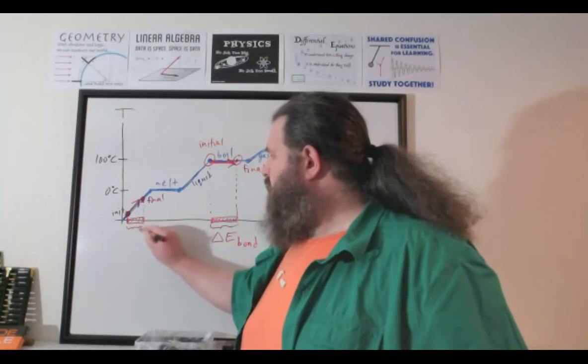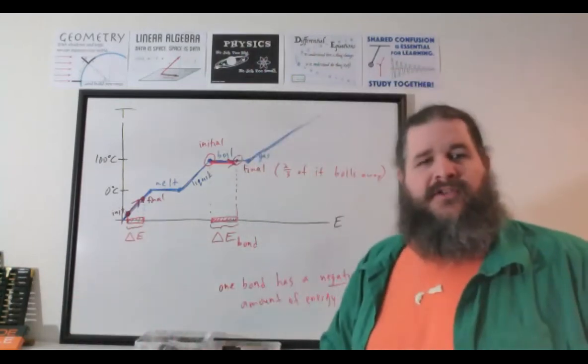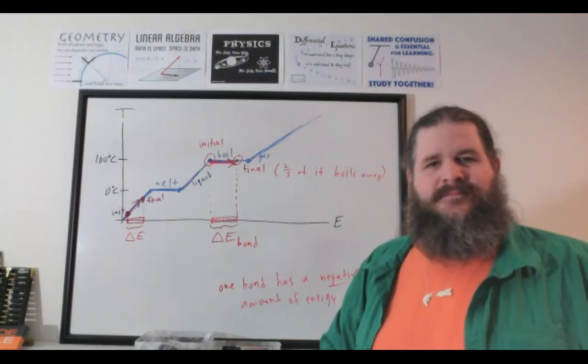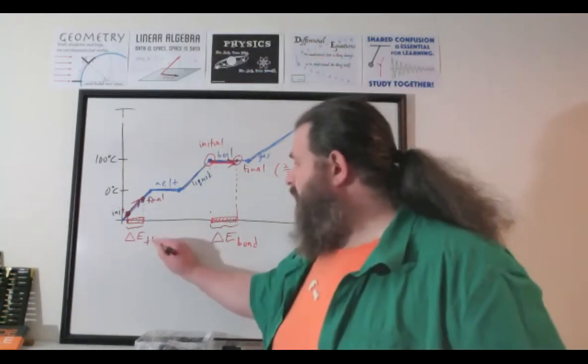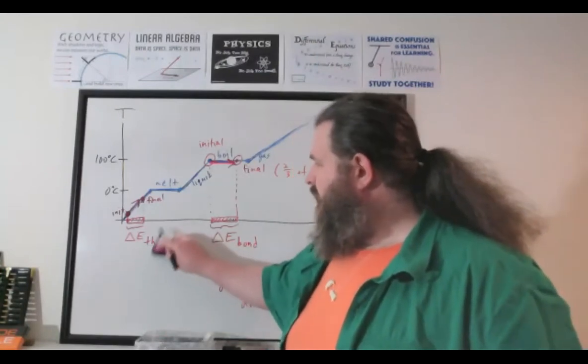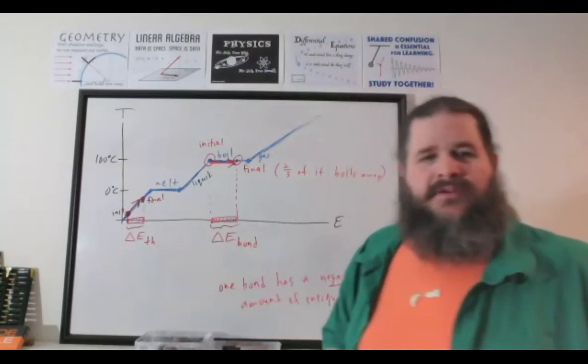So this would be the change in energy. But what do we call that type of energy if it's associated with a temperature change? Yeah, this is what we would call thermal energy, delta E thermal, usually just abbreviated as delta E sub TH. So that's a change in thermal energy.